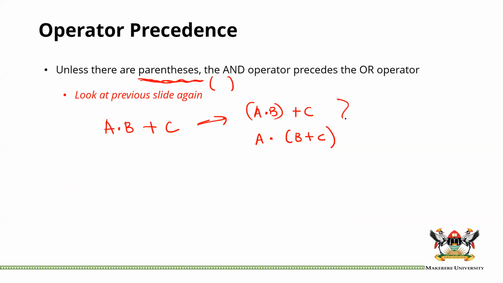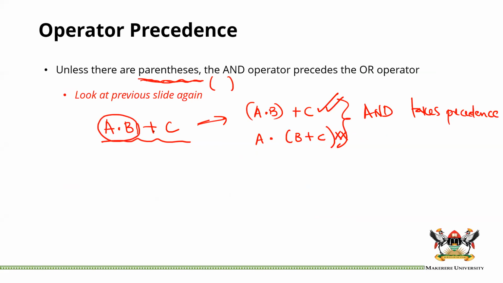In all cases, AND takes precedence. If you find no brackets, you should do the AND operation first, meaning that the first reading will be correct and the second one would be wrong. You should first deal with the AND operation, and then whatever you get, you can OR it with C.